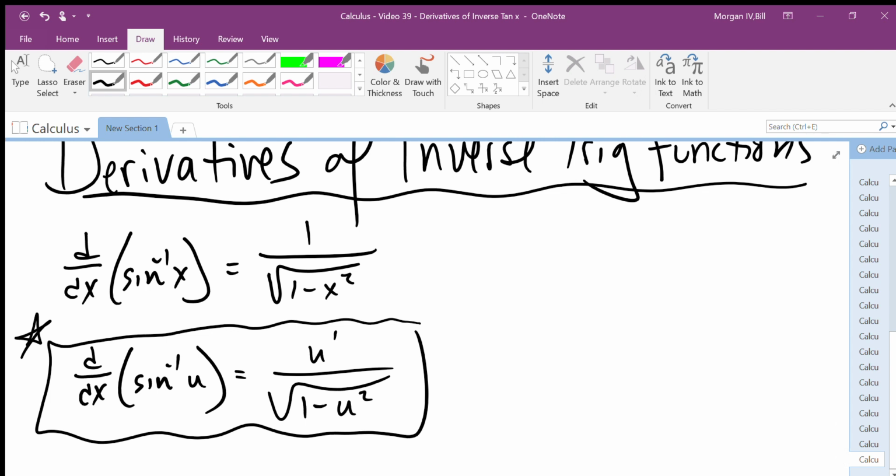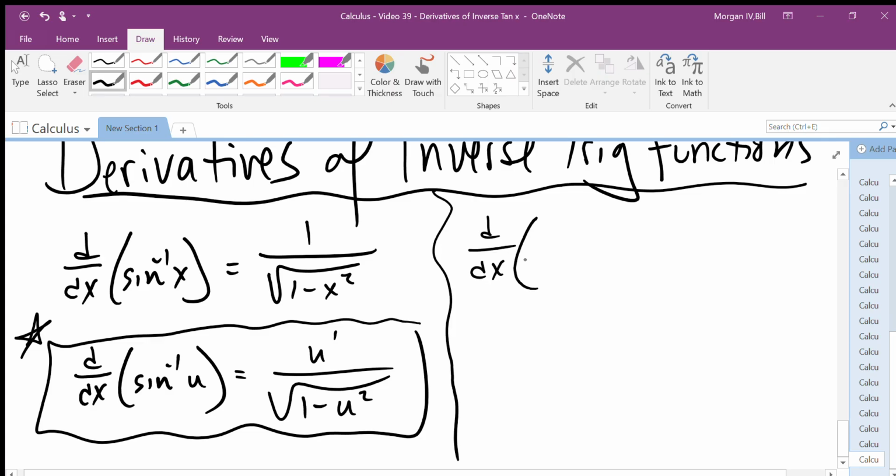All right. Now, we didn't go through the proof of the inverse cosine. You're more than welcome to. It's the exact same idea as the proof of the inverse sine. But what you're going to get is the derivative of inverse cosine is exactly the negative version of the derivative of inverse sine. So the derivative of inverse cosine is negative 1 over the square root of 1 minus x squared.